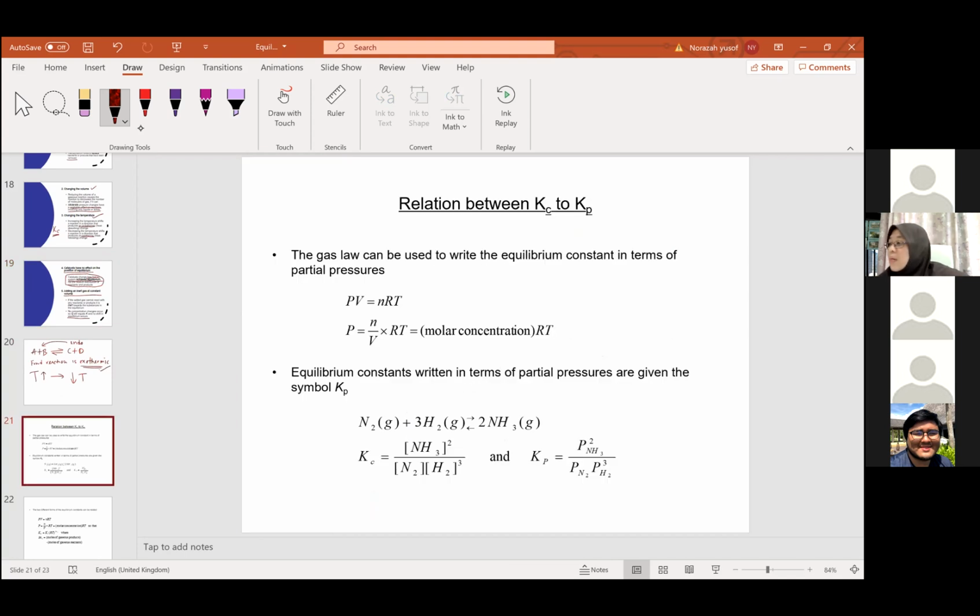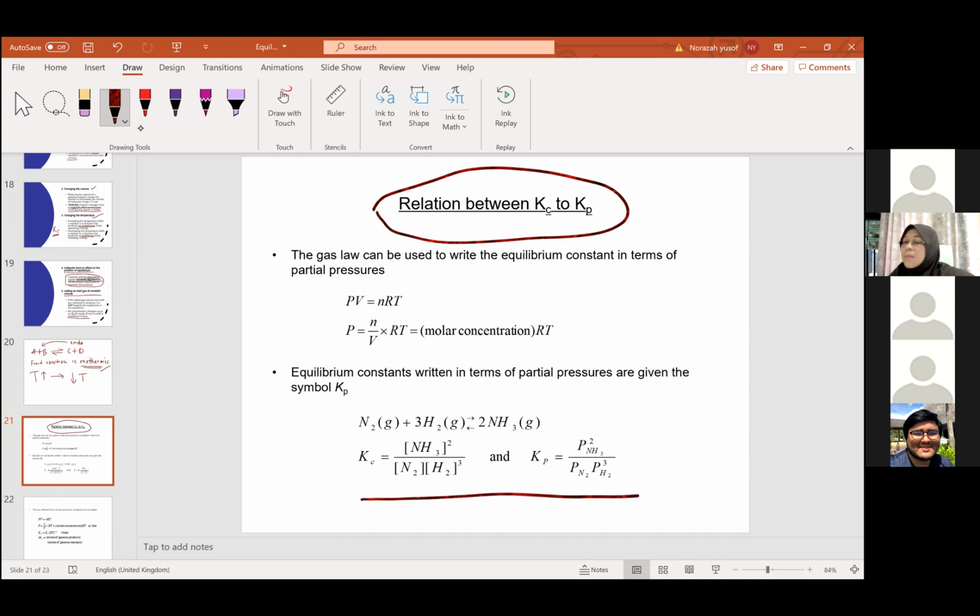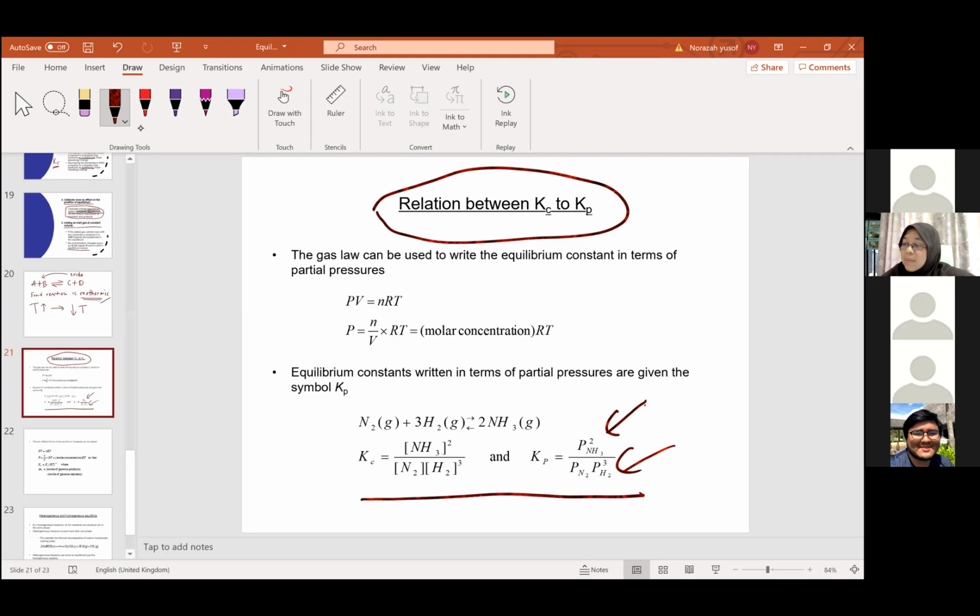So that's why we have the relation between Kc and Kp. Because for gas reactions, we don't really use Kc. Instead we have Kp in terms of pressure, partial pressure. Remember the term partial pressure: total pressure and partial pressure for all the gases inside the container.